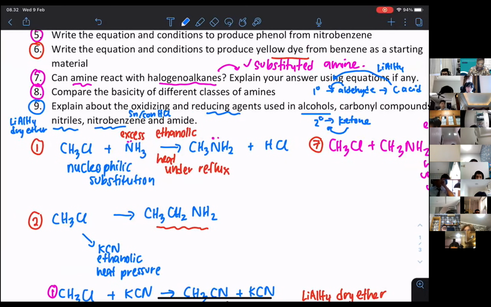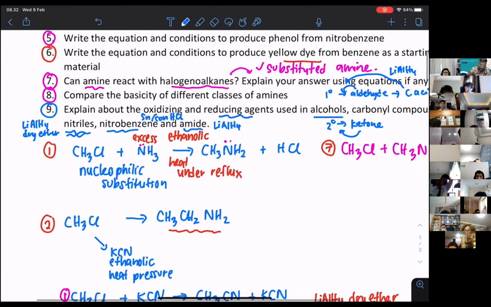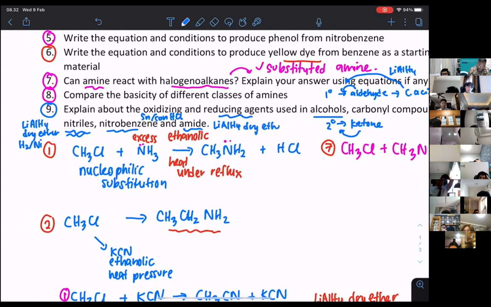And amide, you can only reduce using LiAlH4. I think I missed out here. For nitrile, not only LiAlH4, you can also use hydrogen with a nickel catalyst. But for amide, you can only use LiAlH4 in dry ether. Can amide be oxidized? No. If you put all this together, that is what I want.